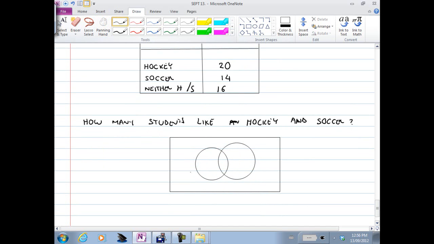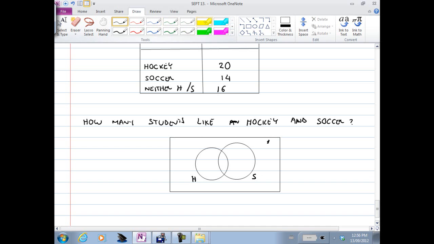We'll call this hockey. We'll call this soccer. There are 45 students in total, so everything in this box adds up to a magic number of 45.